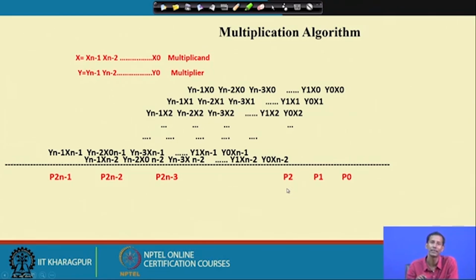Another thing is that whenever I am considering, suppose n is 4 here, if I multiply x of 4 bit with y of 4 bit, then the product will be n plus n, which is 2n. That means, in this case the product will be 8 bits. So, that is why you see there are 2n bits, from p0 to p 2n minus 1.